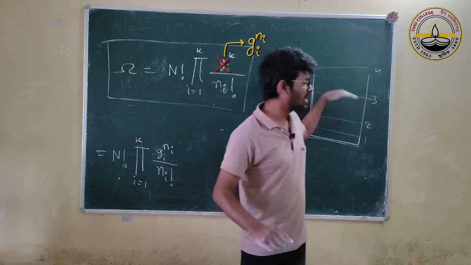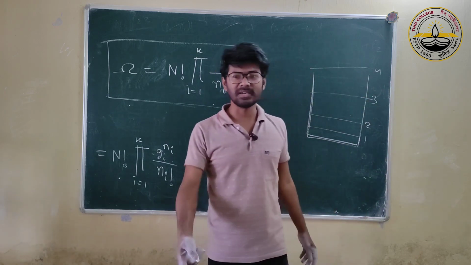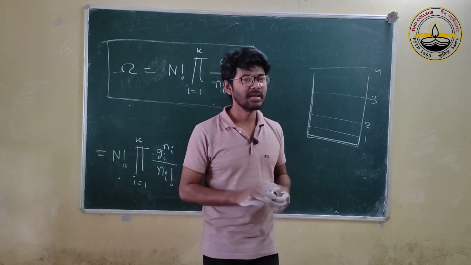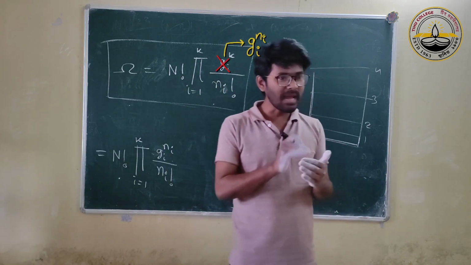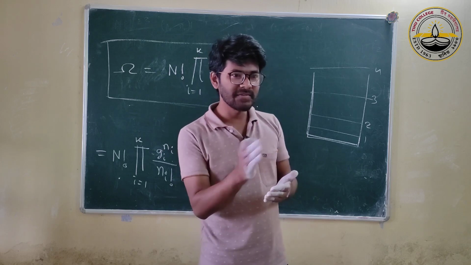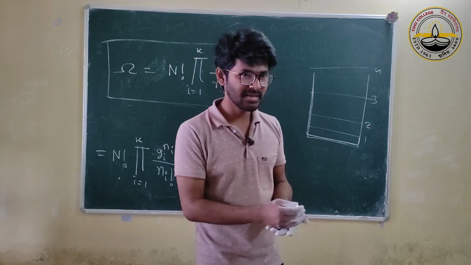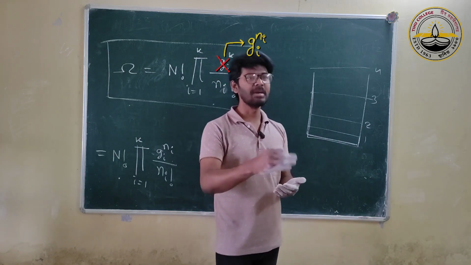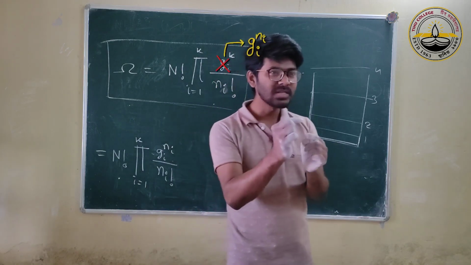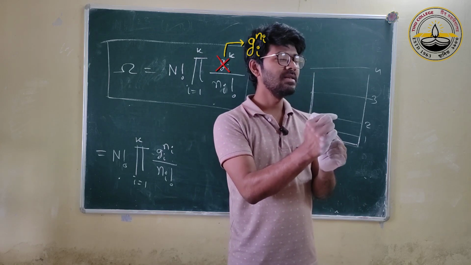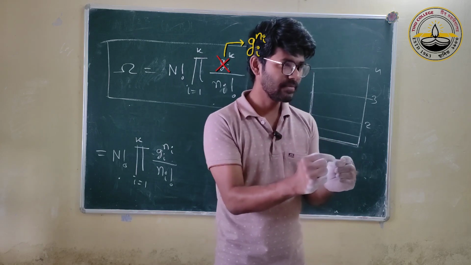And each such level can have degeneracy. You know what degeneracy is? From the hydrogen atom: the same n value but different angular momentum values, l, m, can lead to the same energy level. So those different l values or m values are like these cells Gi.